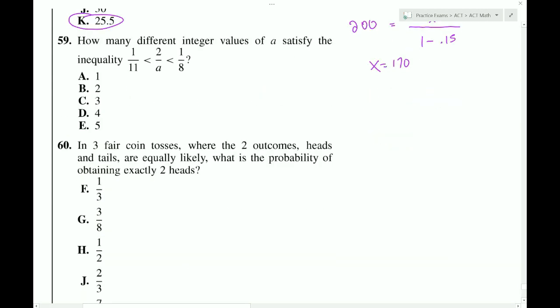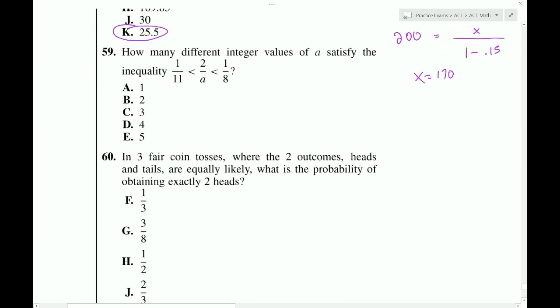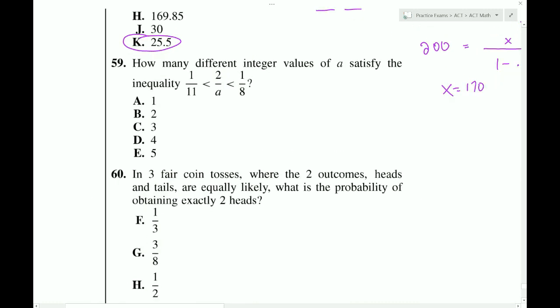How many different integer values of a satisfy this inequality? One way to solve this is, we'd like to have the bottoms look the same. So let's see if there's a way we could do that. If we multiply by 11 over 11 on this one, and by 8 over 8 on this one, then we'll have 8 over 88 less than, and of course, since we're multiplying by 1, we don't have to do anything to the middle.